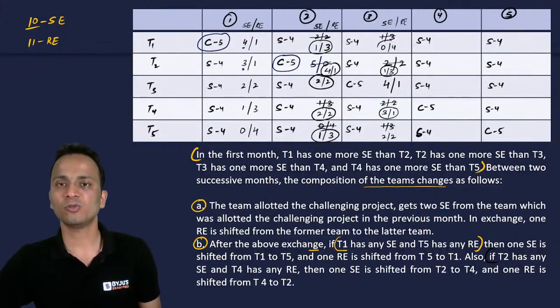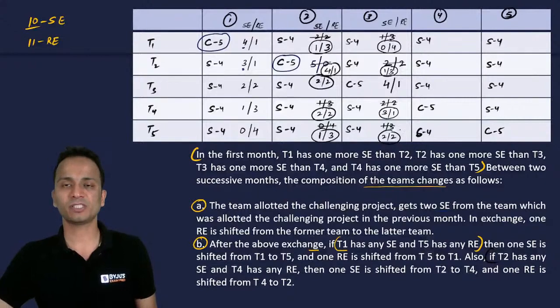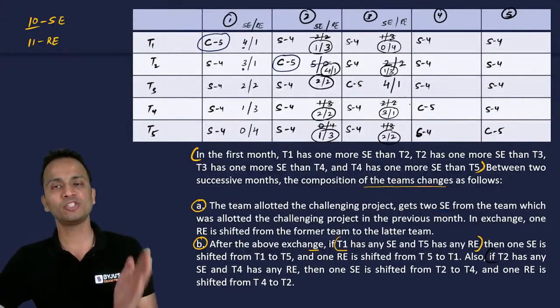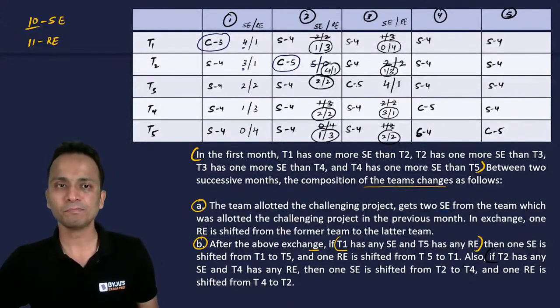All right, so the numbers that I'm circling will be the new numbers, the new number of employees in these teams. Now let's do it from month number 3 to month number 4 in a similar manner. So this will be done between team 3 and team number 4.